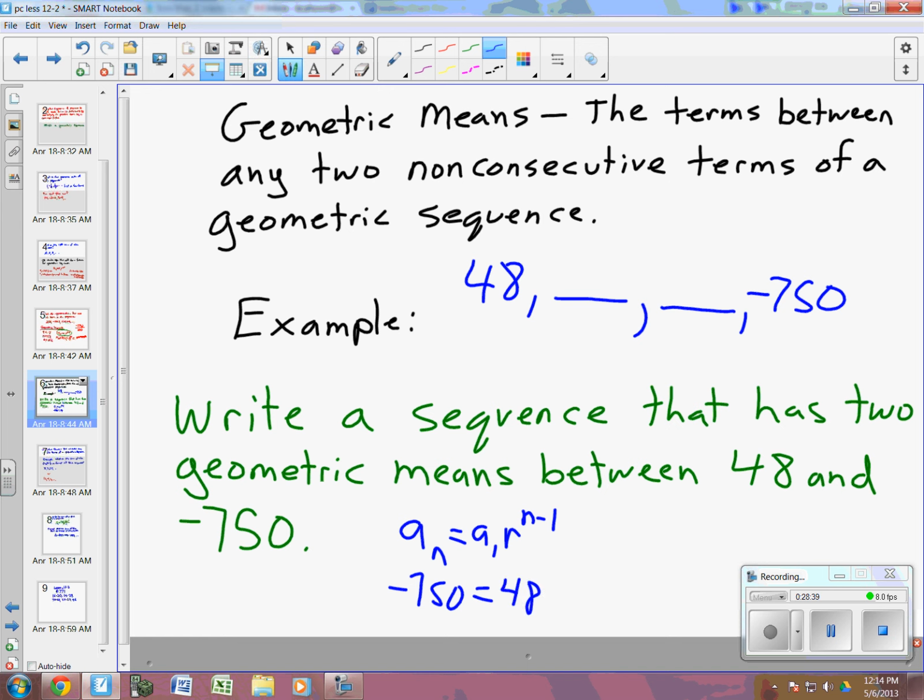Do I know r? No. Do I know n? 4 minus 1 is 3. Well, how many terms do I have in my sequence? n stands for the number of terms in a sequence.